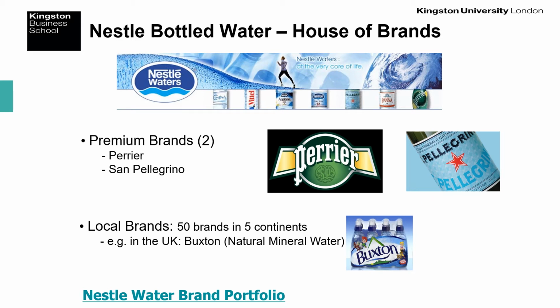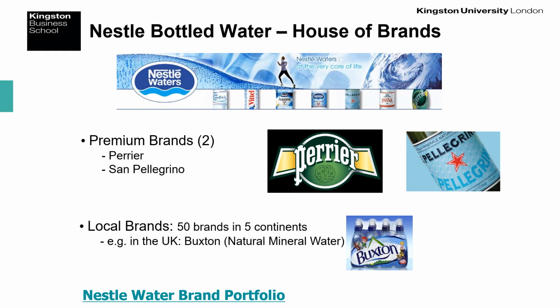If we just look at bottled water, we can see examples of where Nestlé uses the house of brands strategy. And it does this in its premium sector, where it has two premium brands, Perrier and San Pellegrino. And it also uses a house of brands strategy for what are called local brands, brands that are very meaningful in particular countries or particular regions of countries.